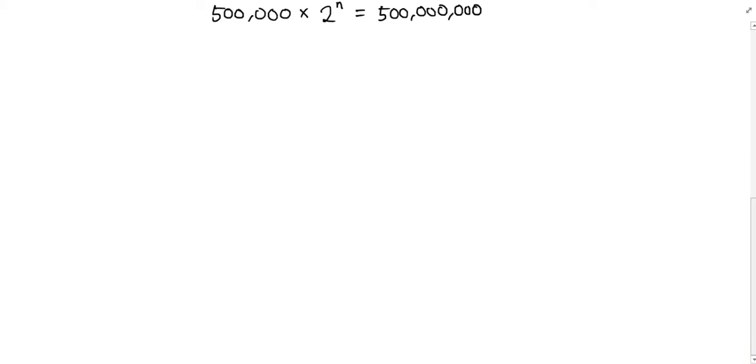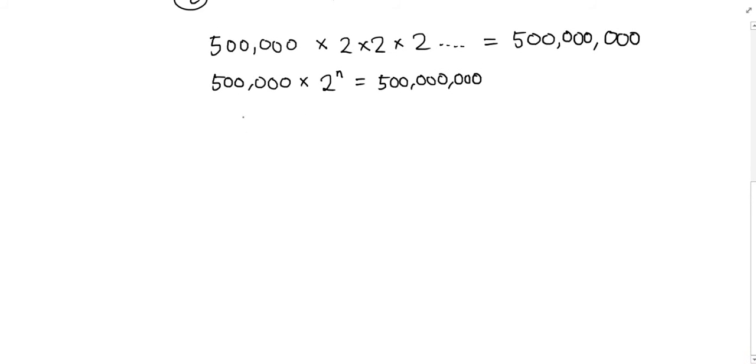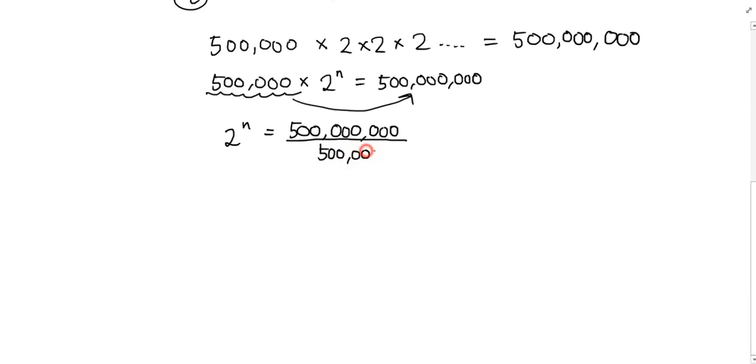Let's now use logs. I'm assuming you guys have done logs, but let's try and solve this. So 2 to the power of n equals, I'm going to move the 500,000 to the other side, so it's 500 million divided by 500,000.